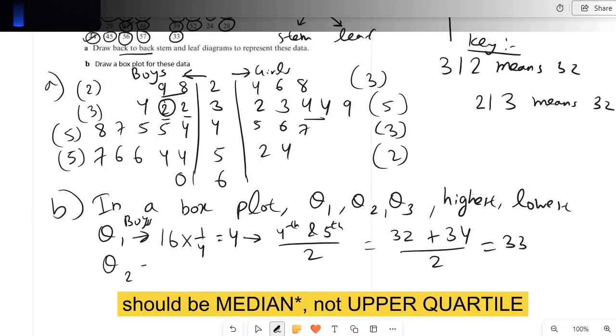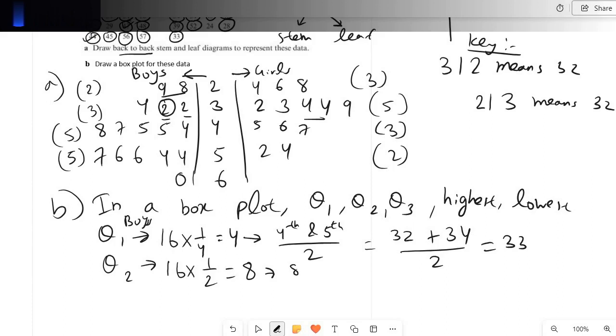For the median, for boys, it is going to be 16 multiplied with half, which gives us a value of 8. And this is a whole number, so the actual median is going to be the average of the 8th and the 9th term. So we can find the average.